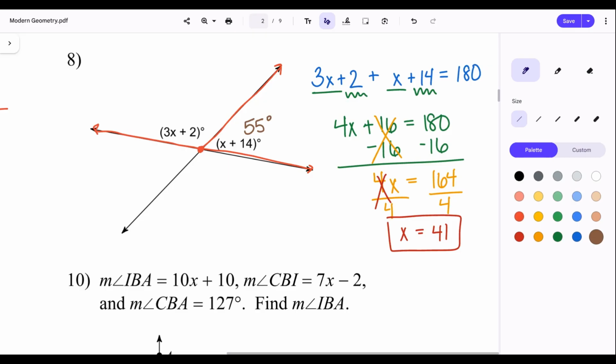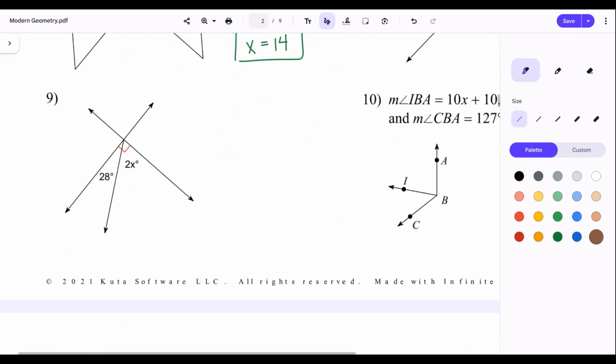And then over here, if I took 3 times 41 and then I added 2, that would be 125. And if I add 125 plus 55, I get 180. So it checks out. It follows the rules of the angle pair I was trying to use there. So I feel pretty comfortable with knowing that I did that one correctly. Okay, why don't you guys take a look at number 9 and see what you can do with it.